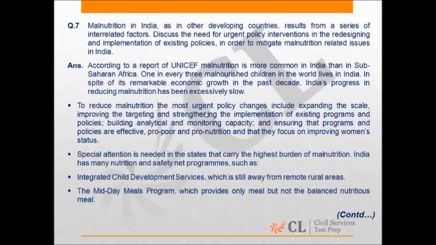So here the question is very straight, not analytical. The points worth mentioning here: according to a report released by UNICEF, the cases of malnutrition in India are more common than in sub-Saharan regions.